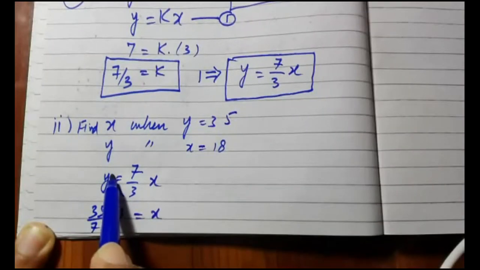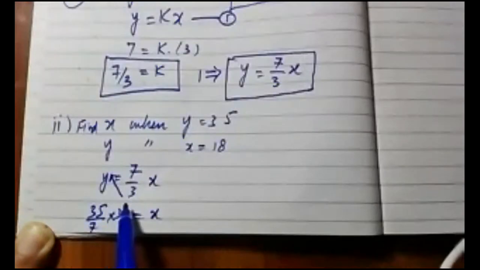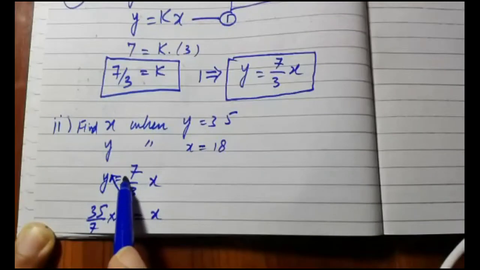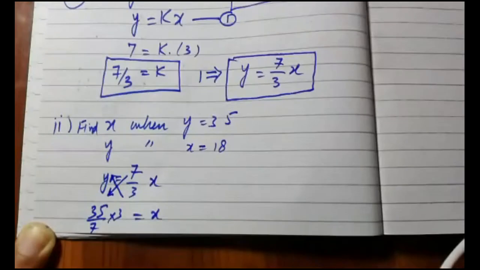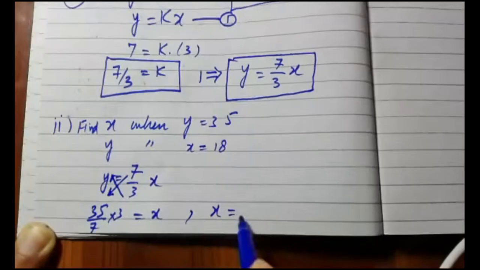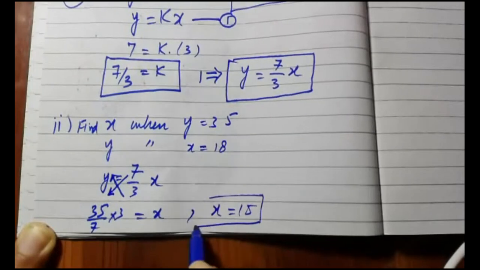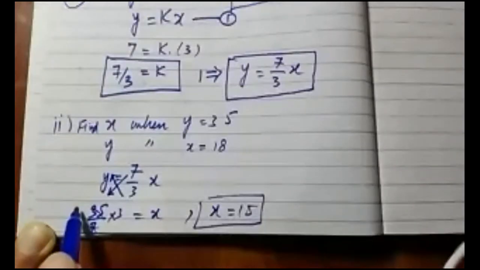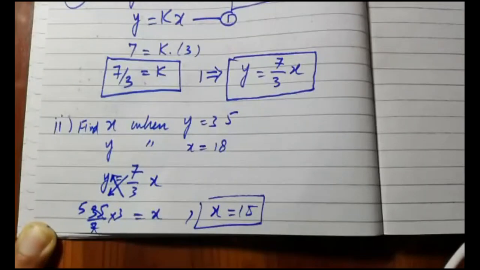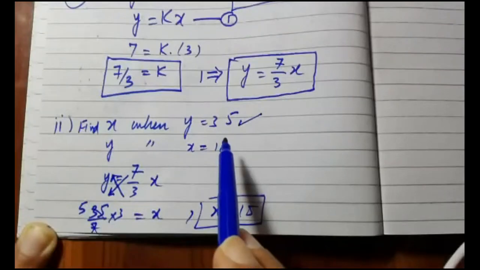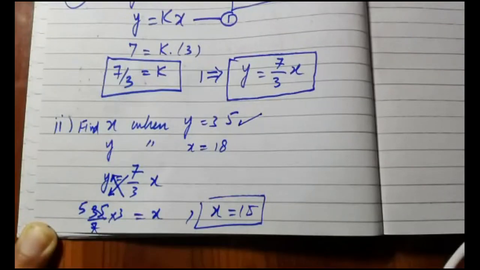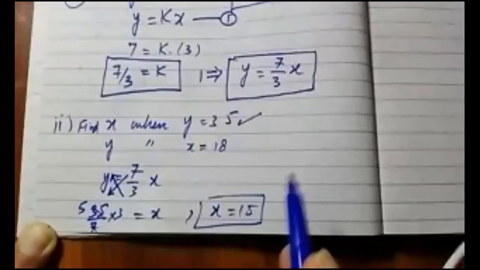So 3 will be shifted to the other side, 7 will be divided on the other side, and you have to separate the variable x. After the cancellation, x will become 15, because 7 fives are 35, so x will become 15. This is the answer of this part: if y is equal to 35, then the value of x will be 15.